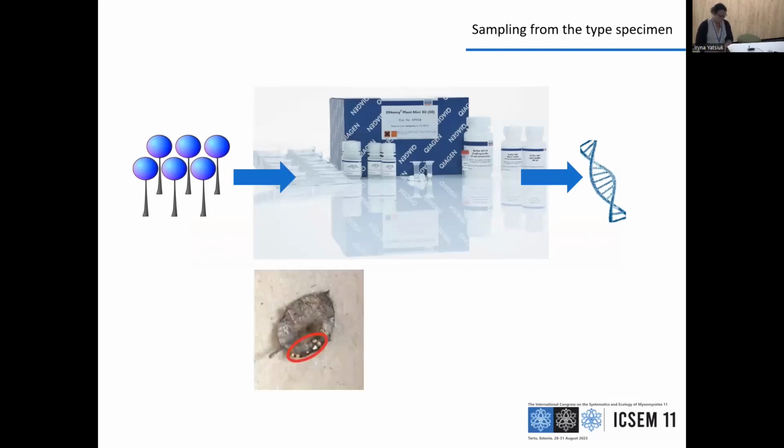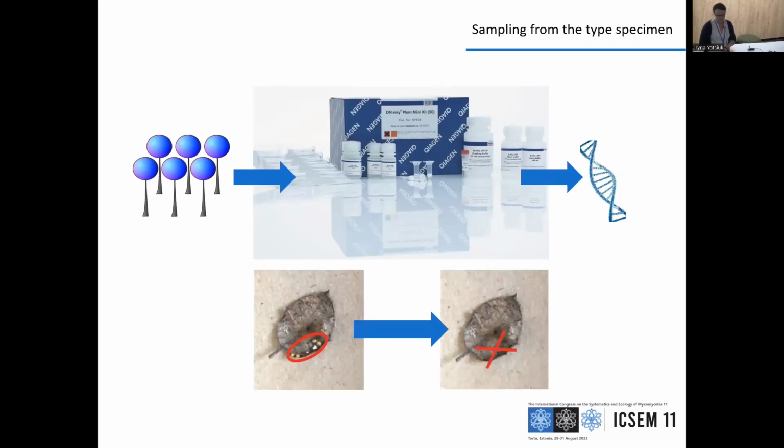So in the case of holotypes, which are usually scarce, when you remove all specimens from this collection, nothing remains. And it is, of course, forbidden, because herbarium rules forbid destructive sampling from type specimens. So simply, type specimens are unavailable for such sampling.